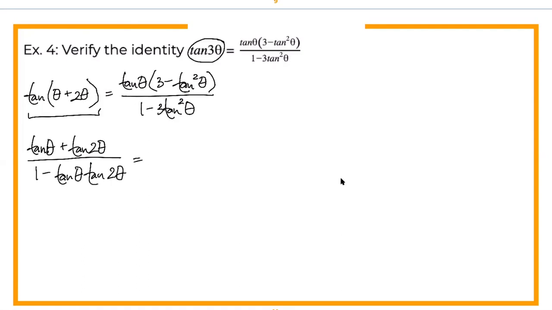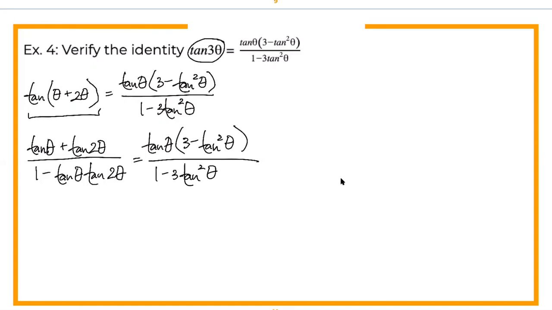Okay. Now, how come I use the one with the tangents and not just sine over cosine? Because this is a sum and it's not a multiplication.